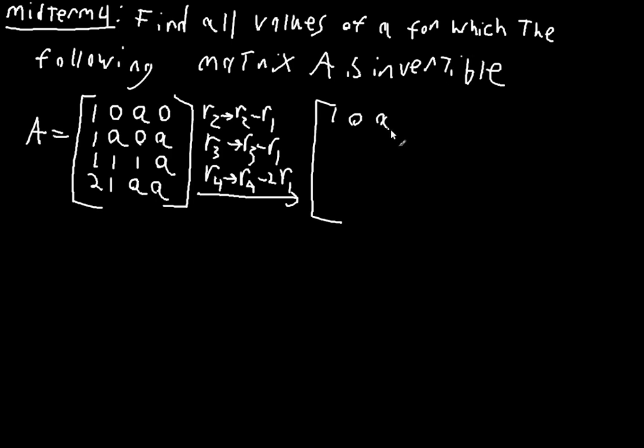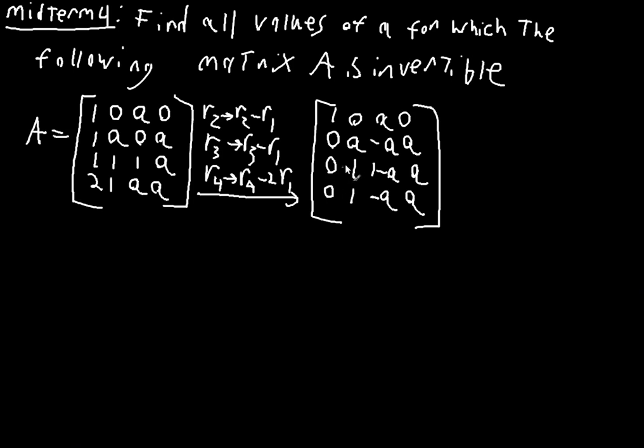Resulting matrix is pretty easy. 0, A minus A, and then 0, 1 minus A, and A, 0, 1, and this A here and this A here, we're getting minus 2 times this plus this, so we're going to have a minus A there, and then that's just a 0, so we get another A.